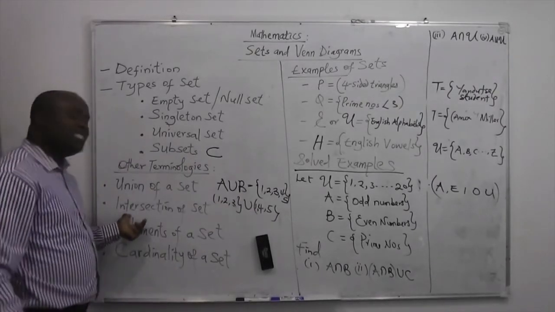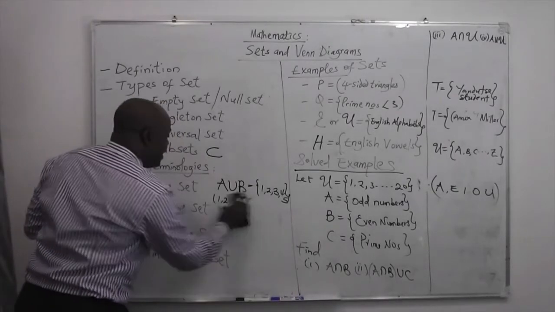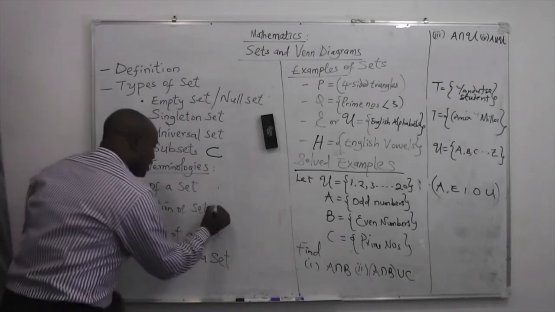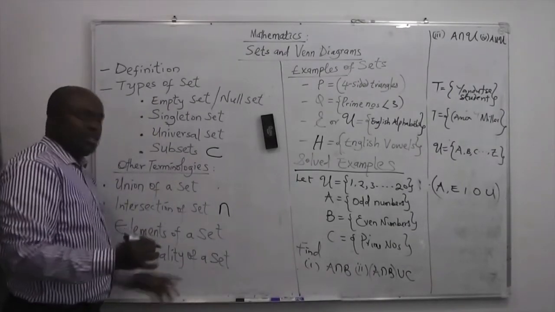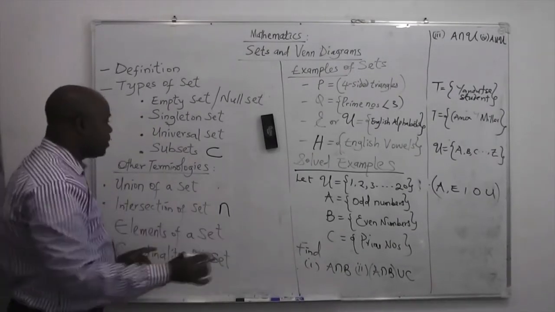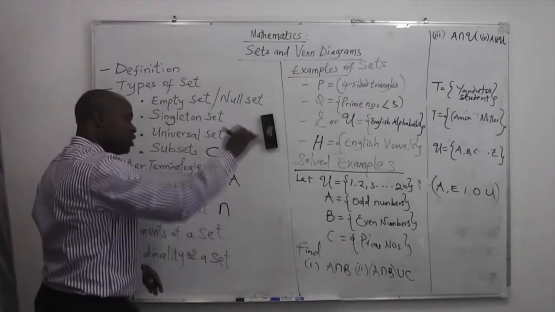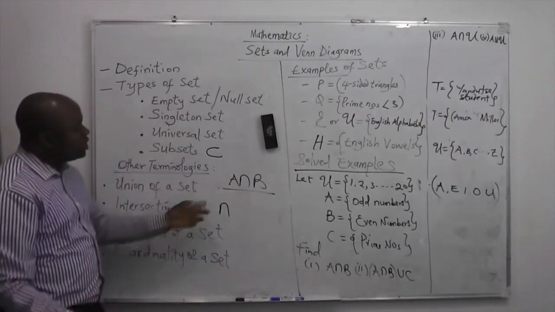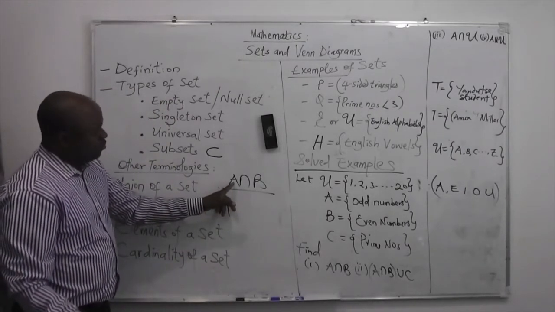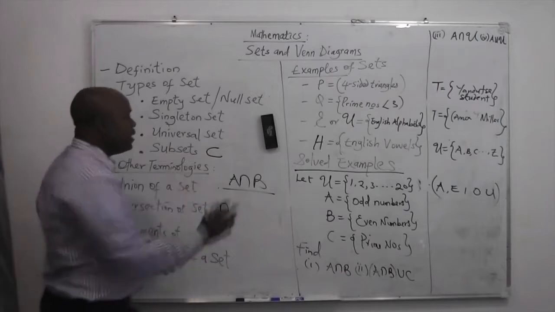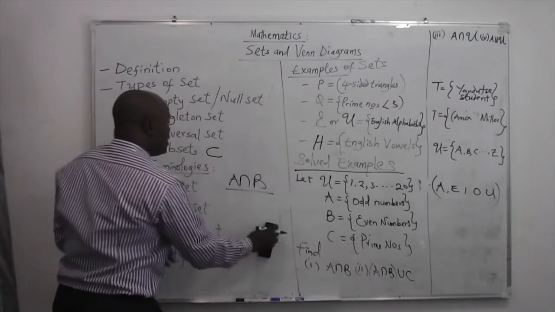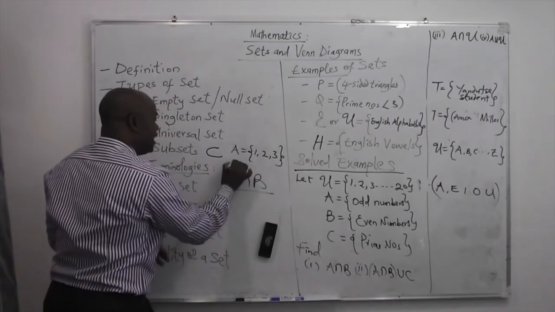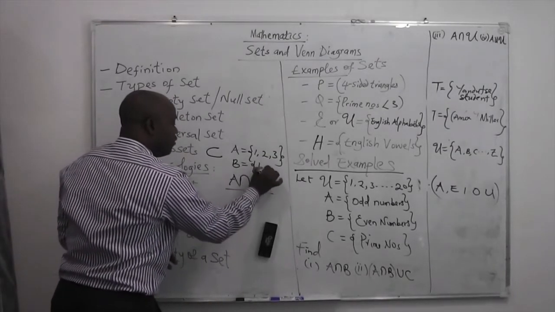Then we come to the intersection of a set. The intersection of 2 or more sets is denoted with this symbol that looks like an N. So when we say A intersection B, it means what is common between A and B. Let's say A is 1, 2, 3, and B is equal to 1, 4, and 5.